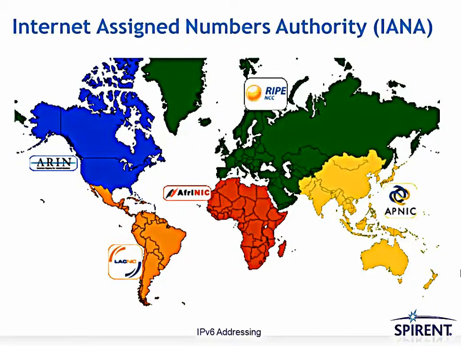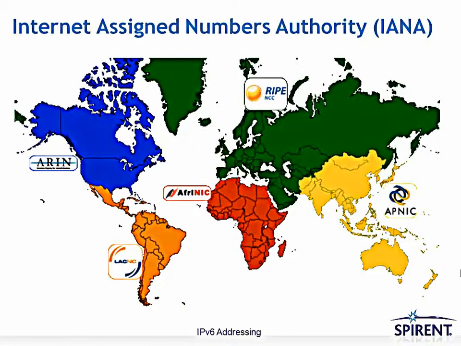Both IPv4 and IPv6 addresses are generally assigned in a hierarchical manner. Users are assigned IP addresses by Internet Service Providers, or ISPs, and ISPs obtain allocations of IP addresses from local Internet registries, or national Internet registries, or from their appropriate regional Internet registry. The AFRINIC, or African Network Information Center, covers the African region.